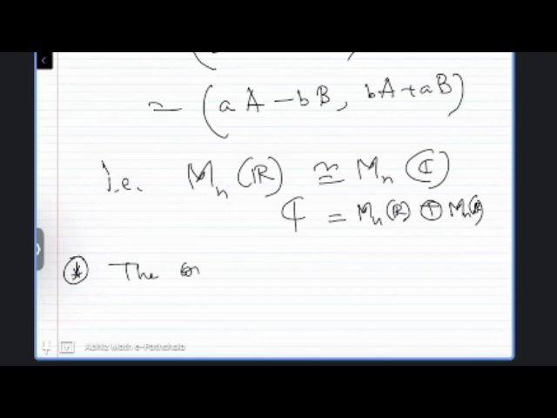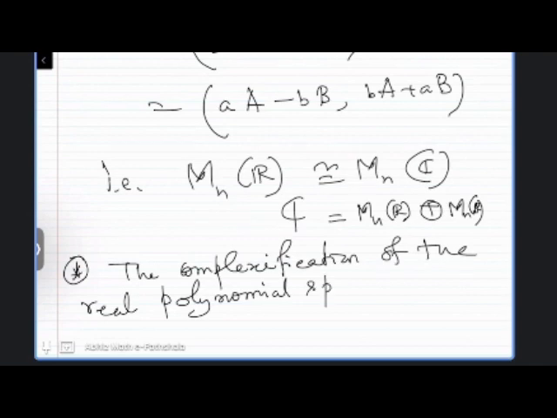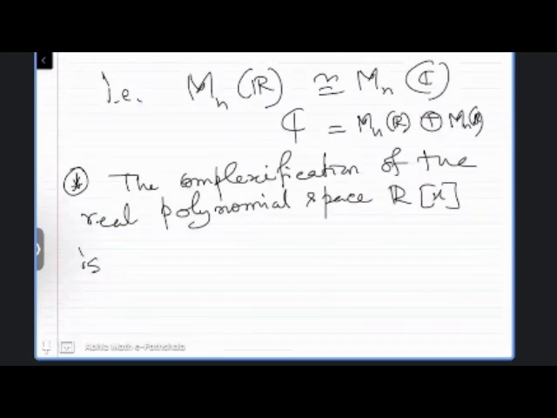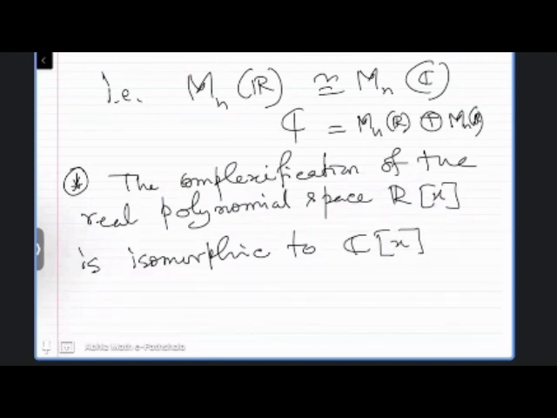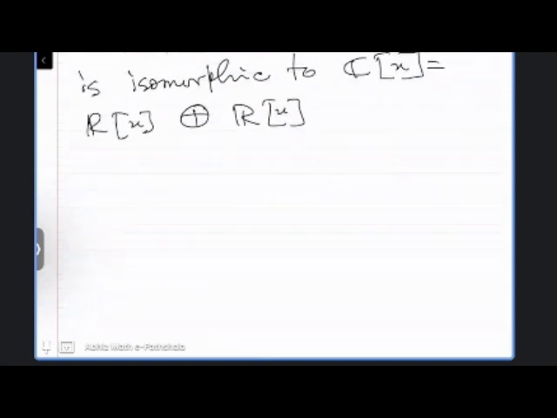Similarly, the complexification of the real polynomial space R[x] is isomorphic to C[x], which is R[x] direct sum R[x].